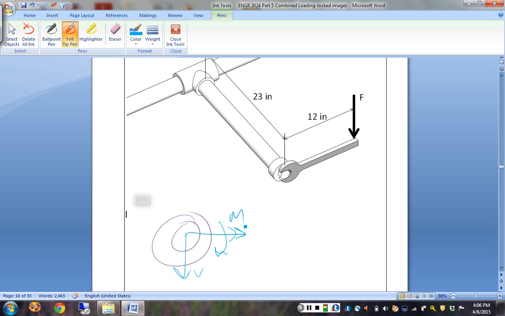So that's my bending moment. And then what else do I have? What's that last one? It's a twist. It's the torsion, and that wrench is going this way. So it's a torque about this axis into the page. And I can draw that guy like that. And that's my torque.